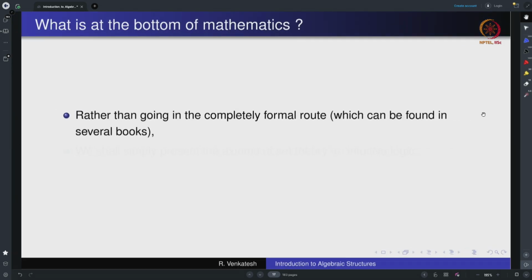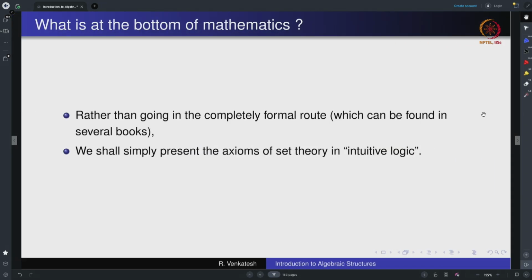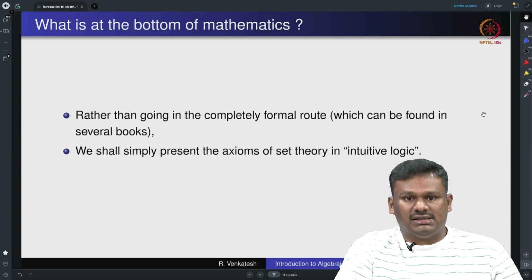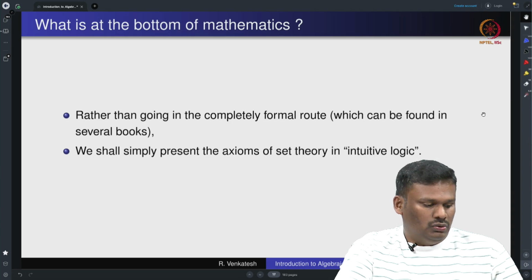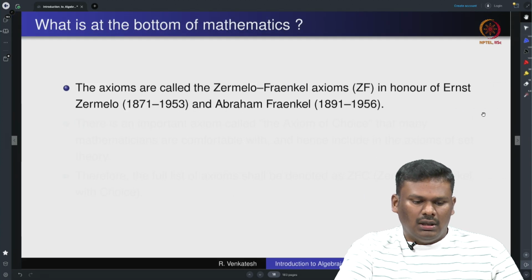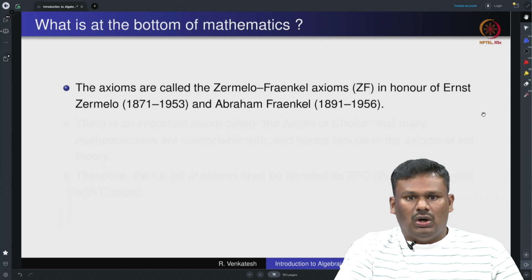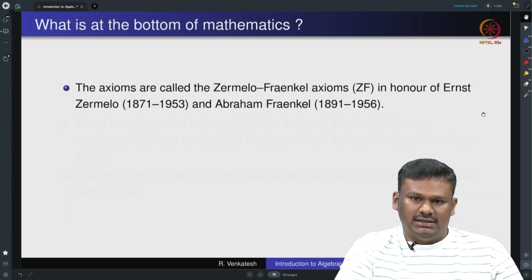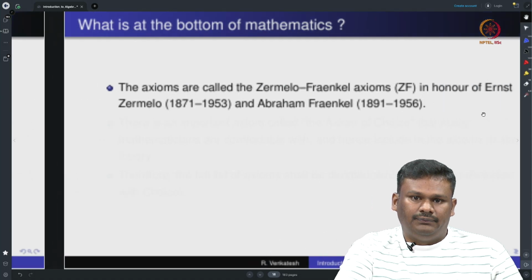So, rather than going the completely formal route, which can be found in several textbooks, in this course we shall simply present the axioms of set theory in more intuitive logic. That is what we are going to do now. The axioms are called the Zermelo-Fraenkel axioms, simply denoted as ZF axioms, in honor of Ernst Zermelo and Abraham Fraenkel.